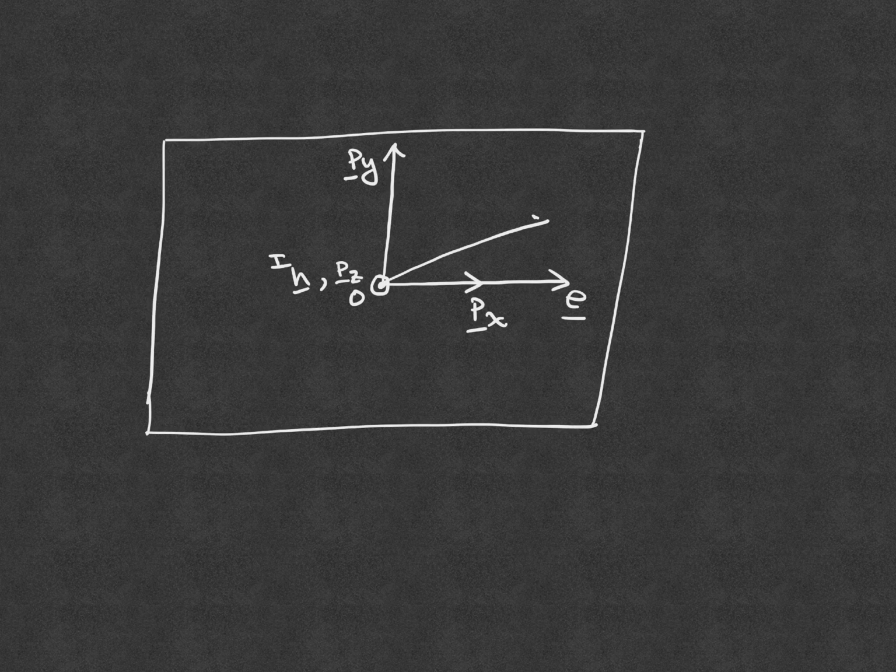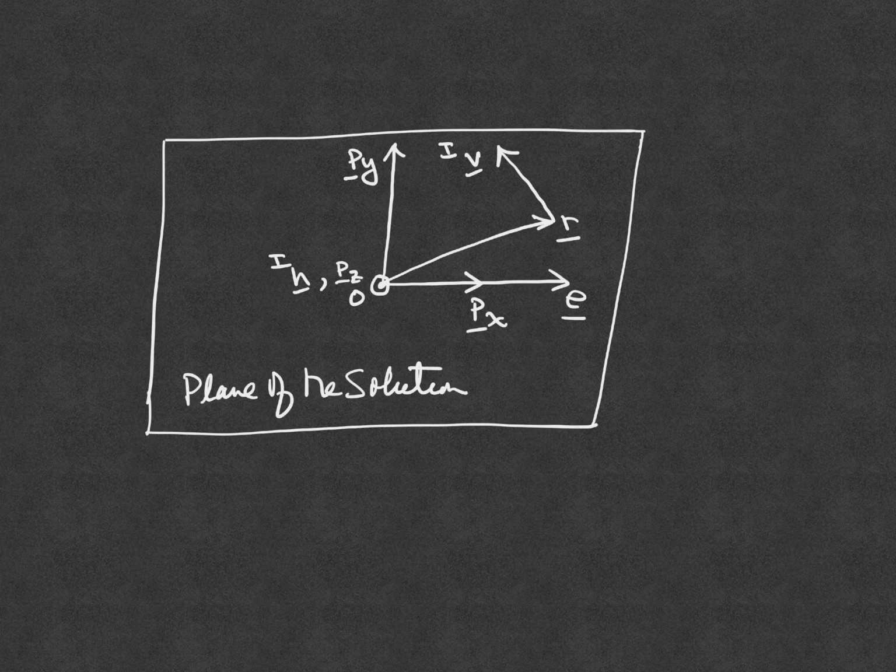And then in this plane lie this position vector and then the inertial velocity VI. So that actually provides a little bit more insight into what's going on. And this here is the plane of the solution. And of course it's fixed in I.